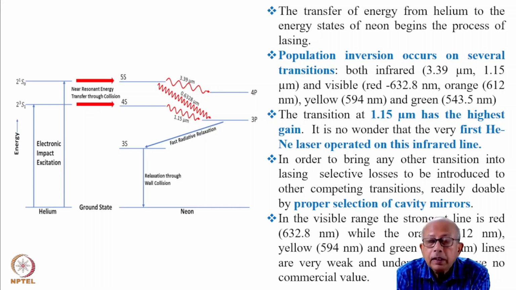So in the previous class, we have seen that in case of a helium neon laser, population inversion occurs on several transitions.